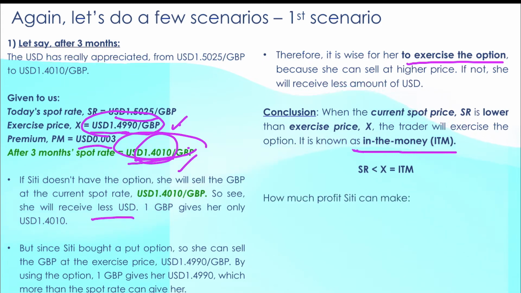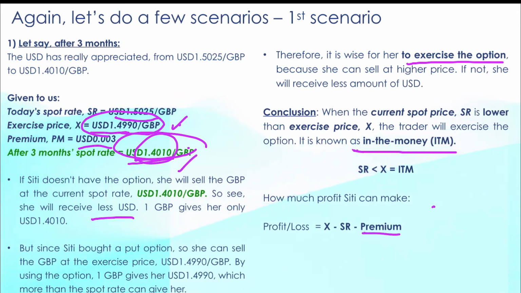So let's calculate the profit. How much profit can Citi make? Profit equals exercise price minus spot rate minus premium. Okay, slightly different from the previous one. Before, it was spot rate minus exercise price. But for the put option, it is exercise price minus spot rate minus the premium.